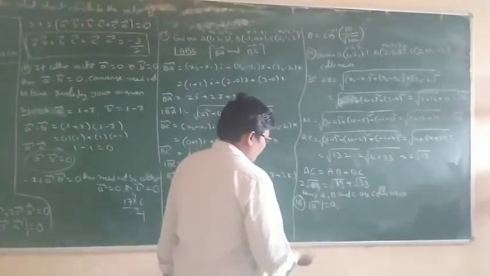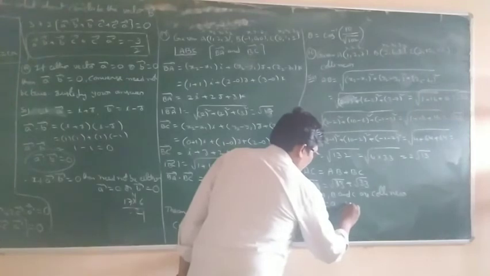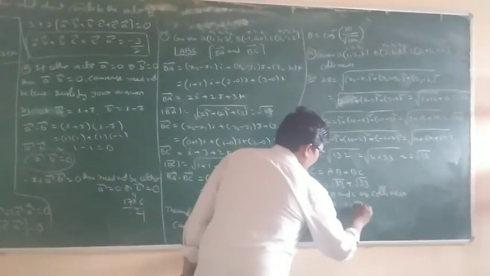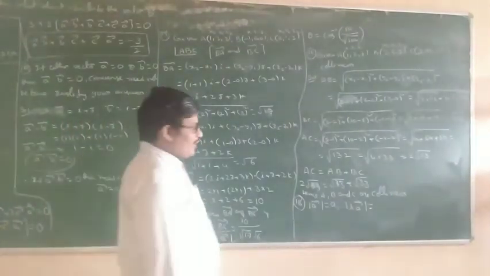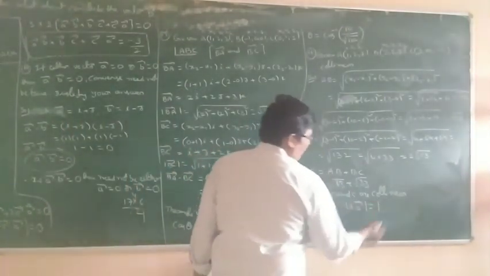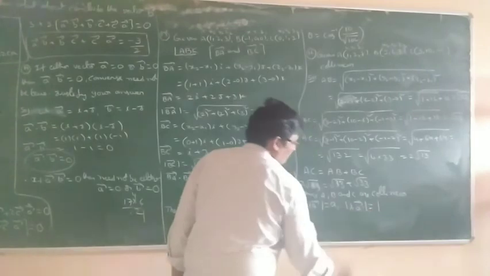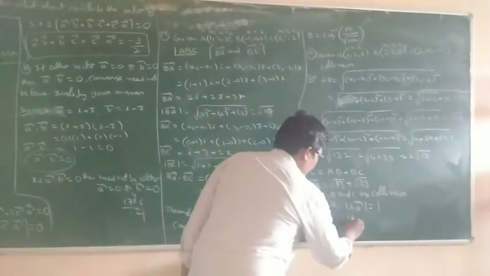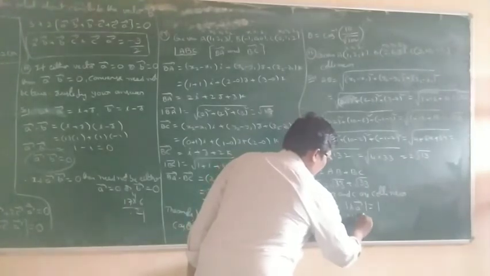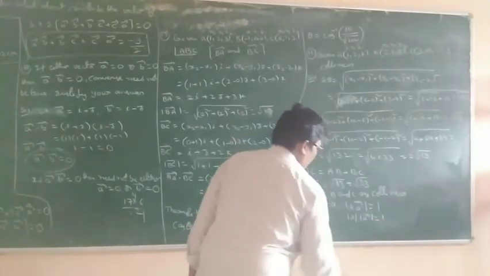A bar is a non-zero vector, and its magnitude is a, so mod a bar is equal to small a. Lambda a bar is a unit vector, which means its magnitude is 1. So modulus of lambda into modulus of a bar is equal to 1.